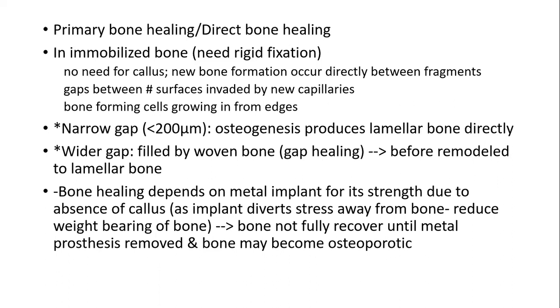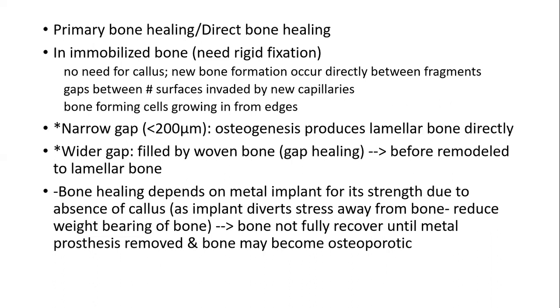New bone formation occurs directly between the fragments. The gap between the fracture surfaces is invaded by new capillaries. Bone-forming cells grow in from the edge, and a narrow gap of less than 200 micrometers causes osteogenesis, producing lamellar bone directly. If it is a wide gap, it is filled by woven bone, which is gap healing, before remodeling to lamellar bone.